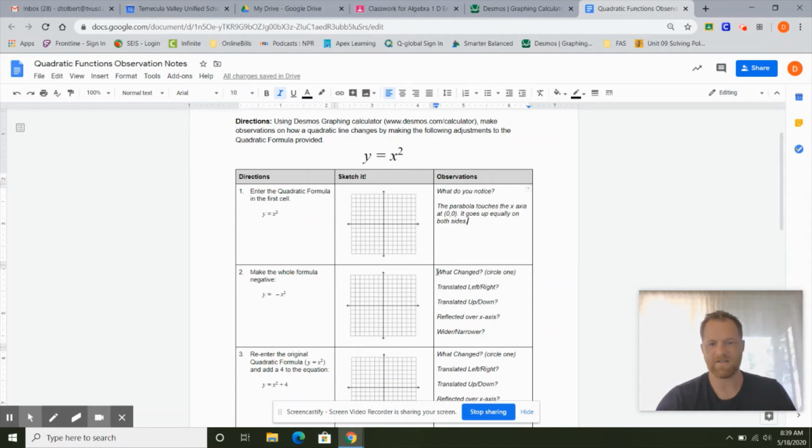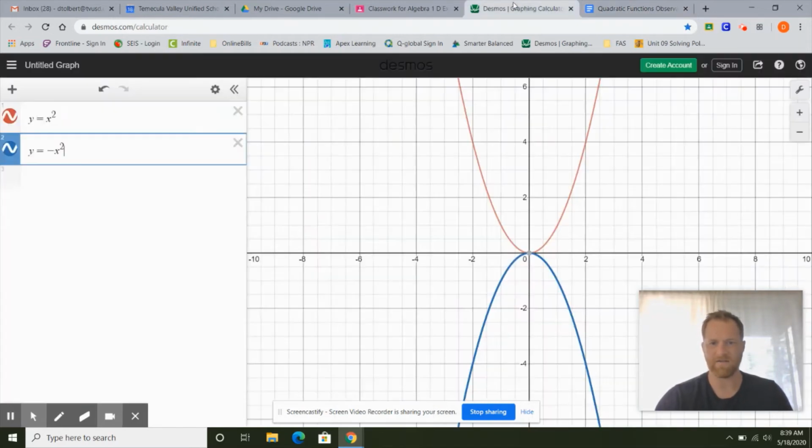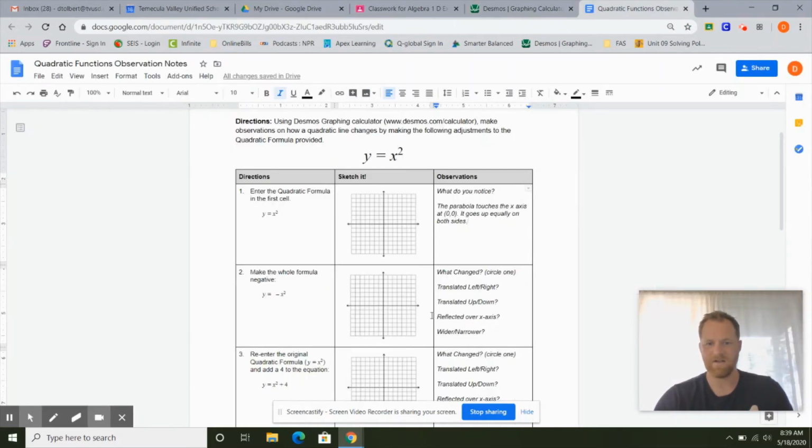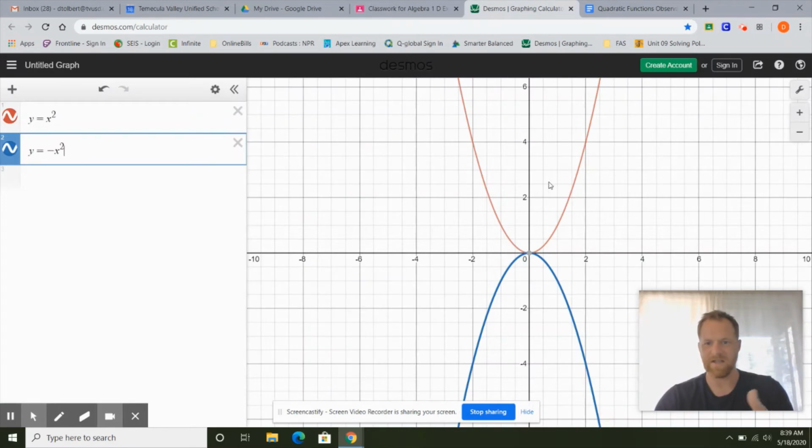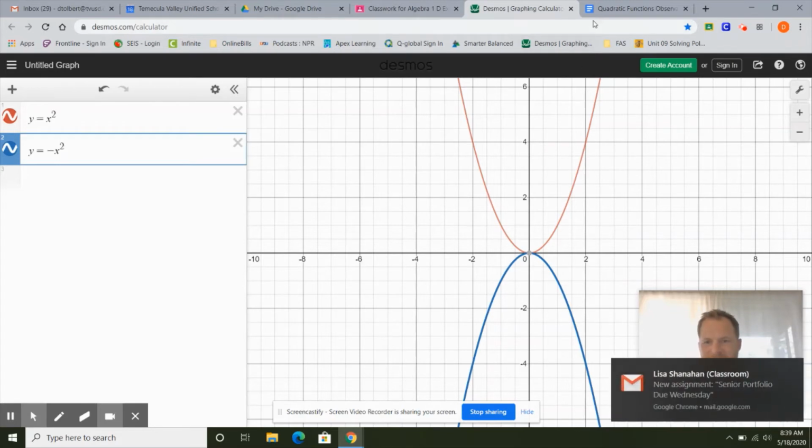Okay, so I go back to my notes, and I will draw it as best I can. And then I look at this and say, okay, what changed? Well, I need to circle one. Did it translate left to right? Well, no, it didn't go left to right. It just went opposite, right? Did it translate up or down? Now, translate means that it doesn't change the direction, it just moves a certain direction. And so it definitely did not do that.